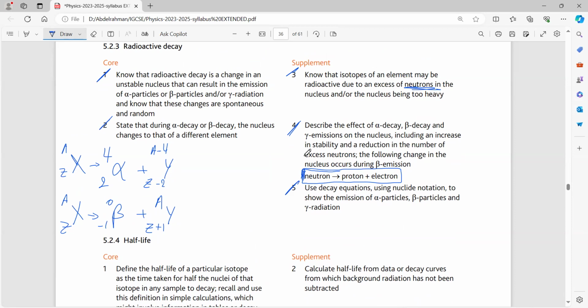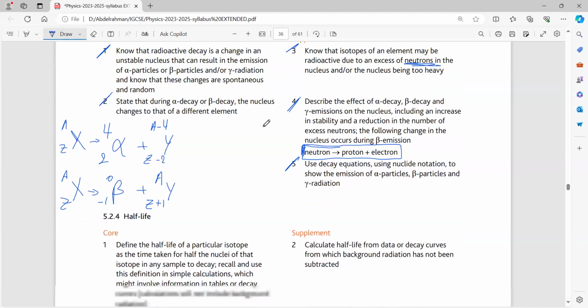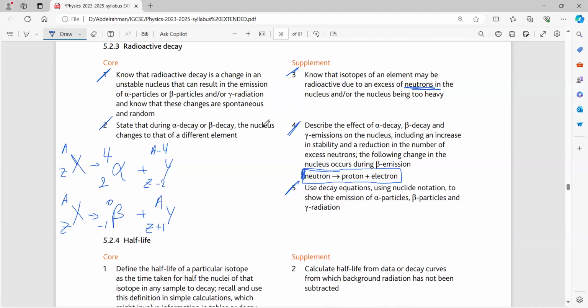For alpha particles, do I say it gains 2 protons? No. The final nucleus will lose 2 protons and 2 neutrons. The total mass of the final atom will be 4 less, and the total atomic number will be 2 less. What about beta?